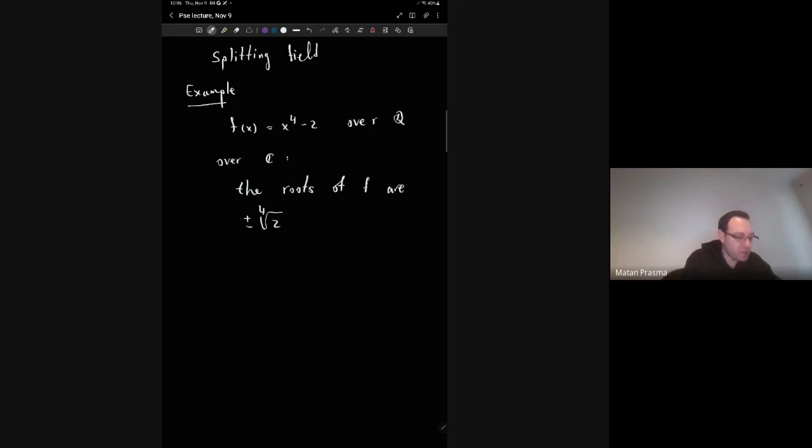And another pair of roots is a fourth root of 2 times i.